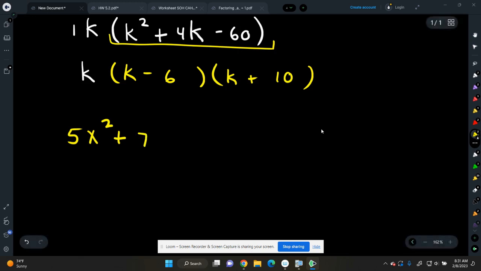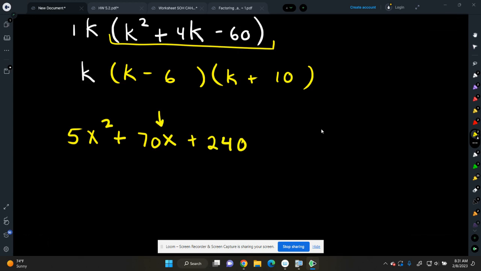I need to think this one through right here. I'm not sure that I did that correctly. Okay, we'll try it. Hopefully it works.